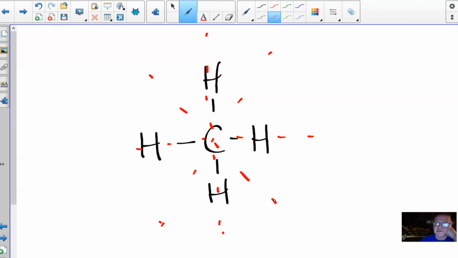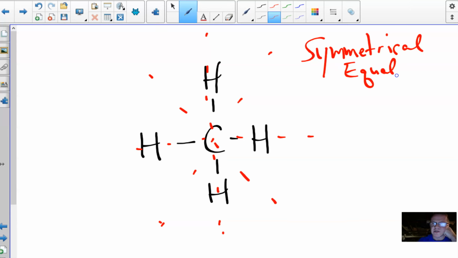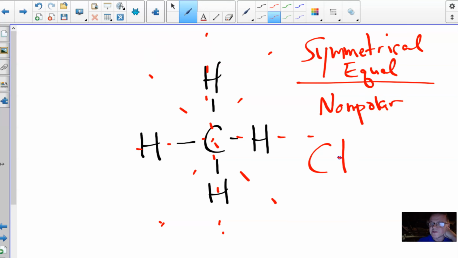You could keep bending it, and it's always going to be symmetrical because there is an equal sharing of all of the electrons. Look, those hydrogens are spread out on all four sides. And because of that, if there's an equal sharing, we would say that this is a non-polar molecule. So methane is non-polar.